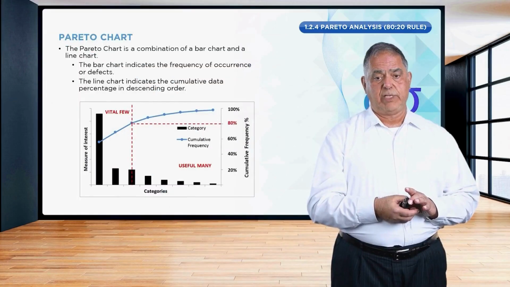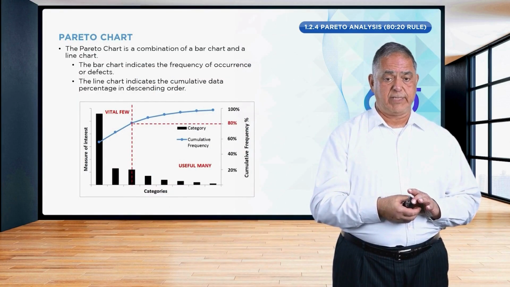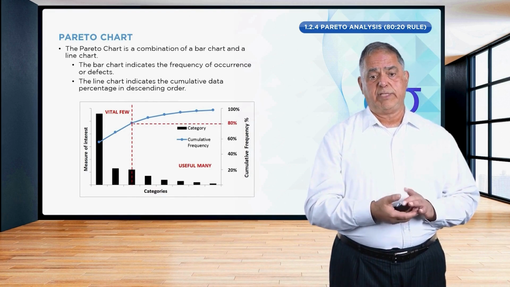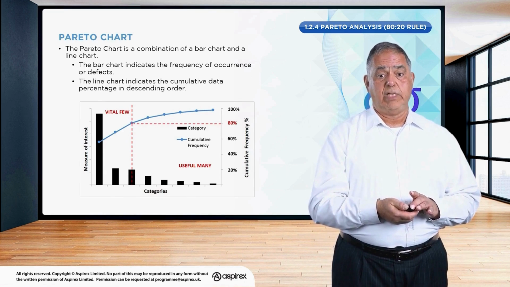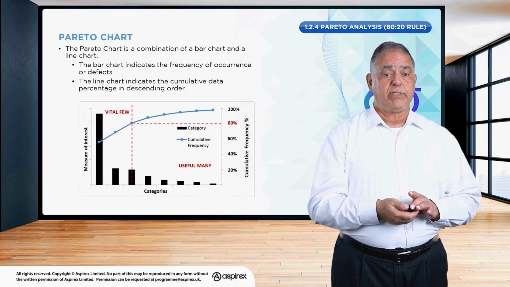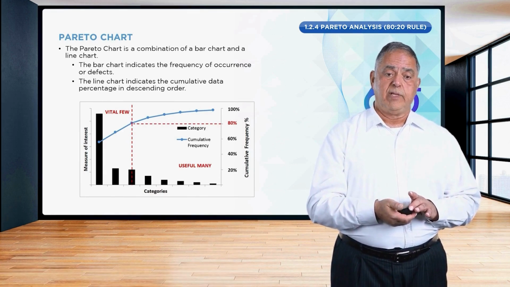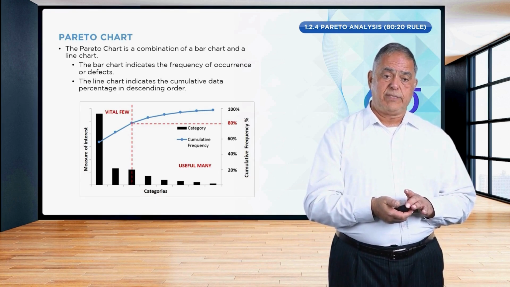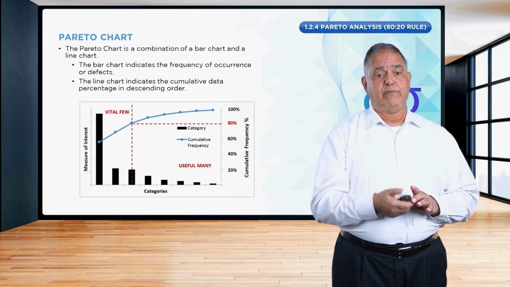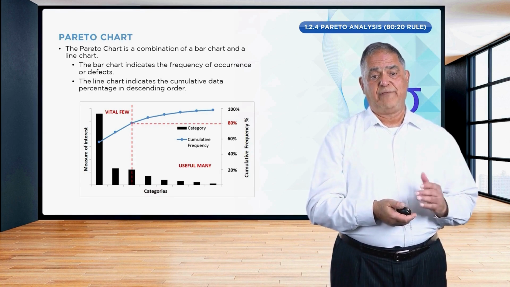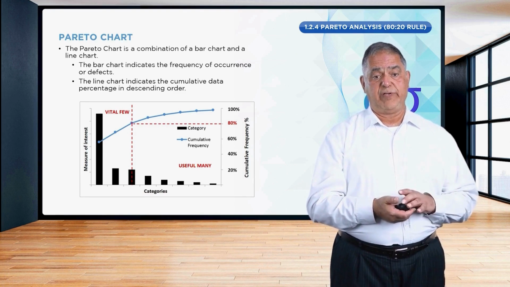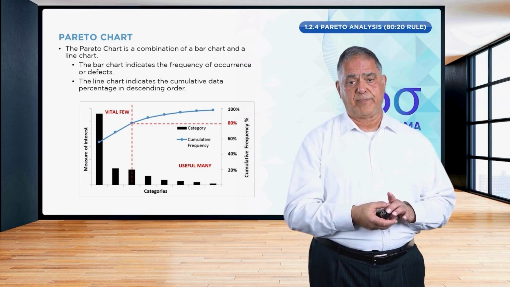If we take a look at the two axes, on the X-axis we have the categories of causes of issues, and on the vertical axis we have the measure of interest, which corresponds to the frequency of occurrence of each of these categories.